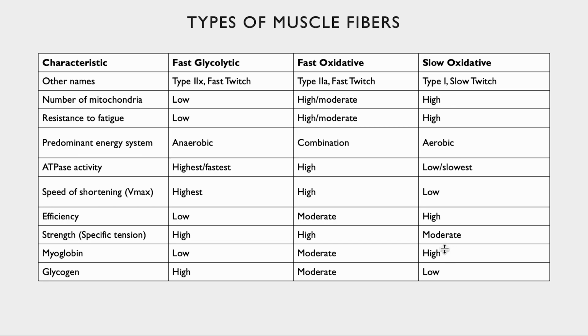So the slow oxidative fibers are the ones that have the highest number of mitochondria. And this is what gives the red color to the fibers. Another name for them is red fibers. While glycogen is what supplies the glucose for the glycolysis. So the fast glycolytic fibers will have a very high content of glycogen. Not too many mitochondria, not too much myoglobin.